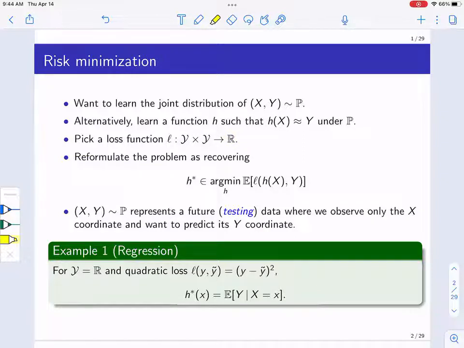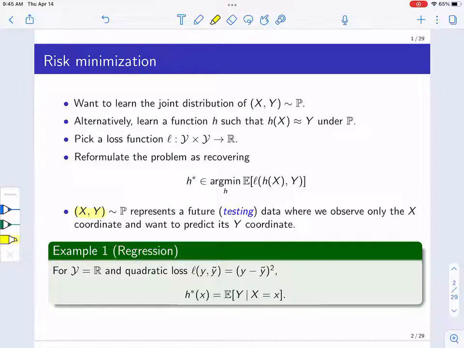If you have the function, we apply it to the x, that's our prediction of y, and then we compare it with y using the loss function here, and then we take the expectation as well. So now we have a deterministic quantity here, and this is a measure of how well we are doing on average on a test point, right? So x and y, you can think of it as a new data point that you're seeing in the future from the same data set.